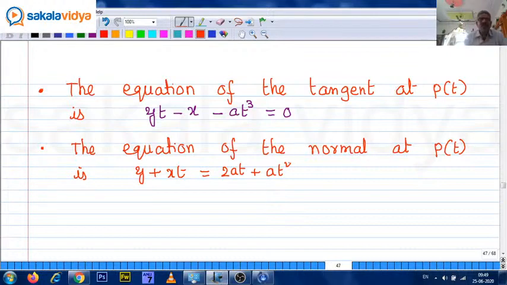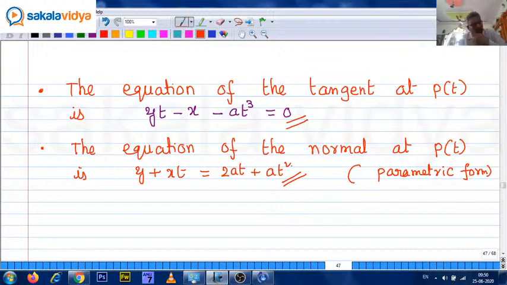Right. So this is the equation of the tangent. This is the equation of the normal. They are called parametric form, both are called parametric form. Right. Next.